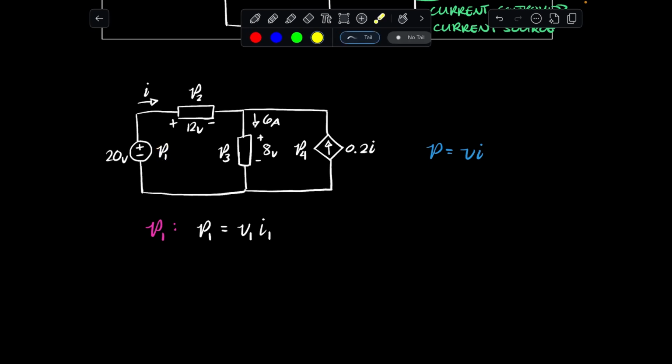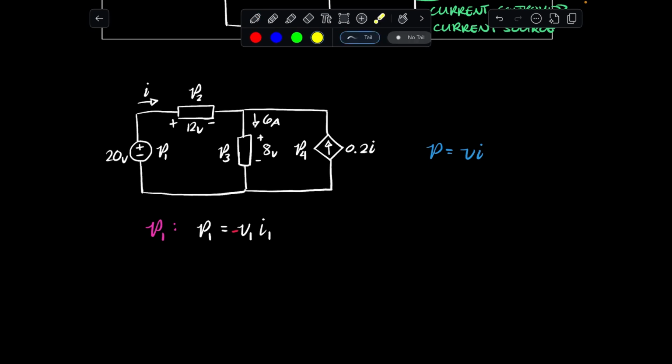What direction is current flowing at P sub 1? Well, we can see that I here is coming from the source, right? And so I must be flowing this direction across the element. And we can see that the current is flowing in through the negative terminal, which means that our power is going to be some negative value right here.